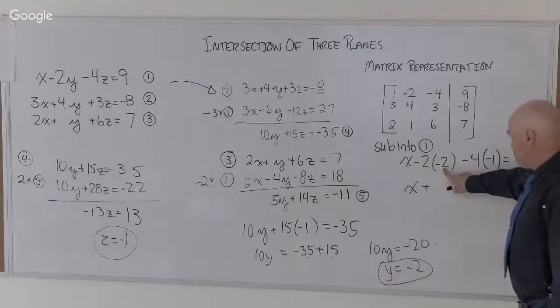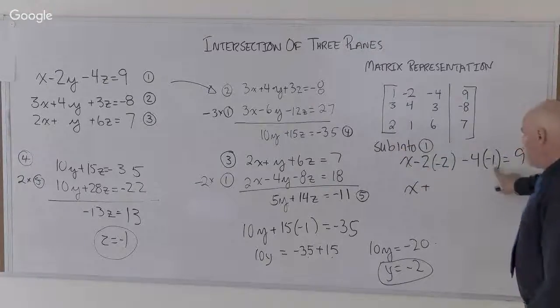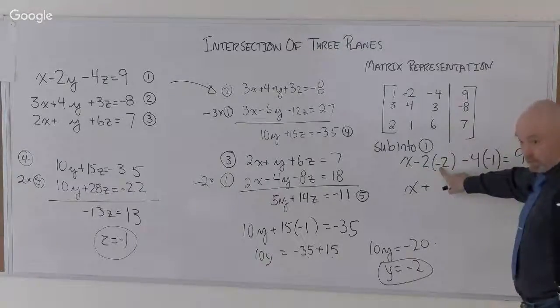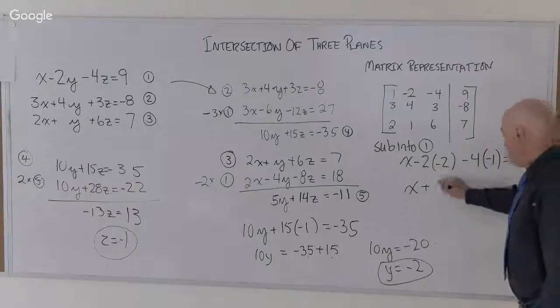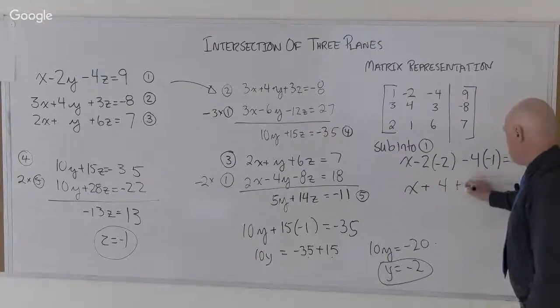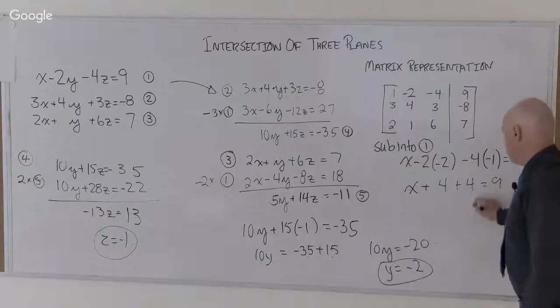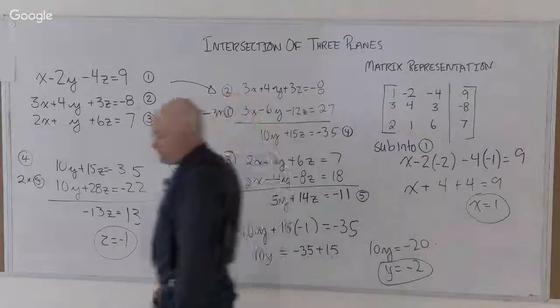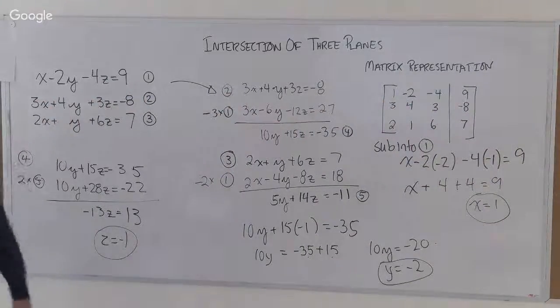What is X? Oh, Y is negative 2. So X minus 4. Subtract, and this is a negative, so we have plus 4. Yeah. X plus 4 is equal to 9. X is equal to 1. Okay. There we go. That was that.